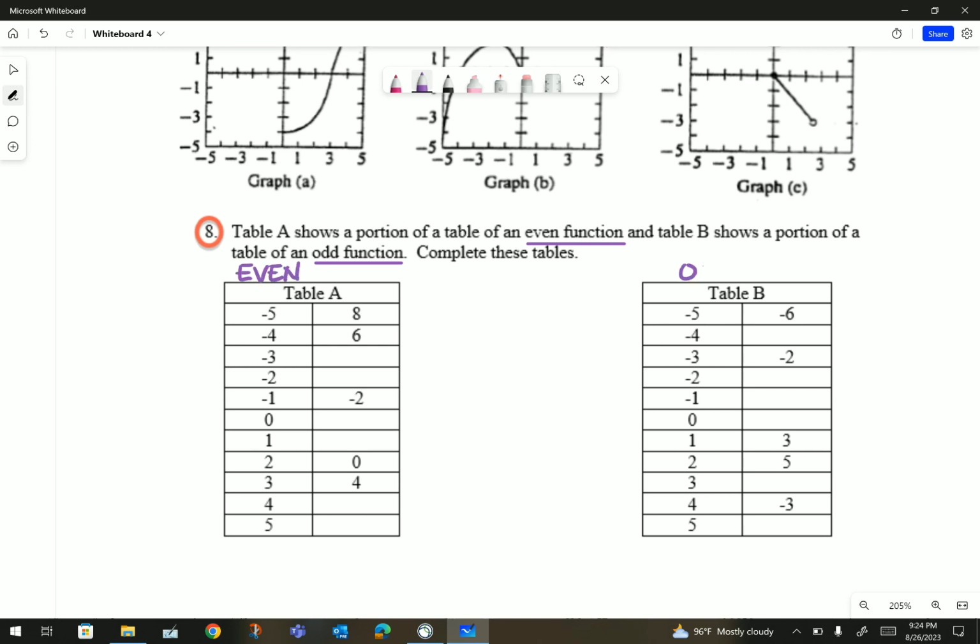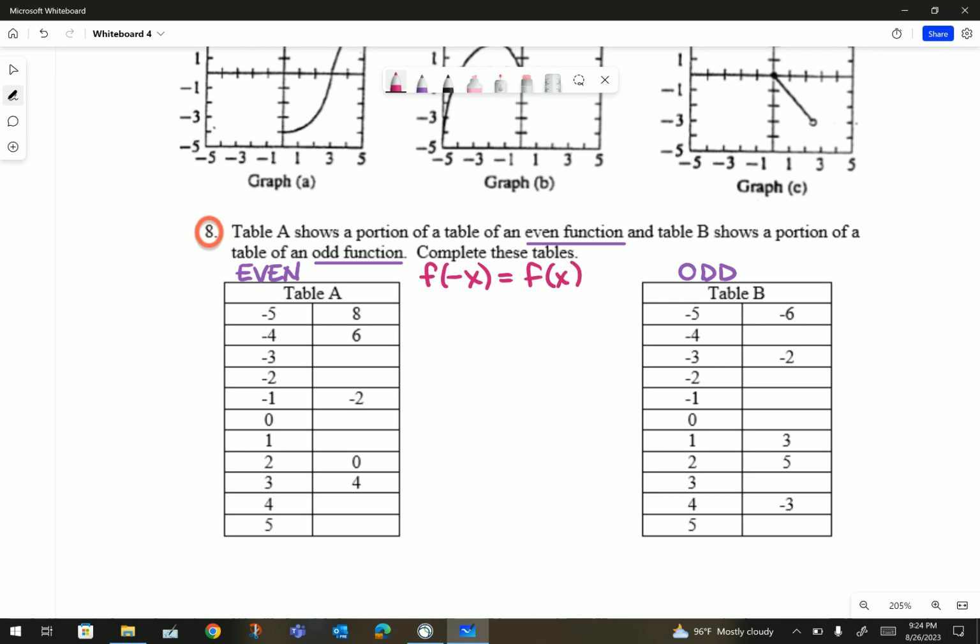So you need to remember the properties that I just told you about even and odd. I'm going to put it in pink or red or whatever that color is. Remember, even says that f of x, or f of negative x, it doesn't matter which one you do first, f of negative x is going to be the same y value as f of x.